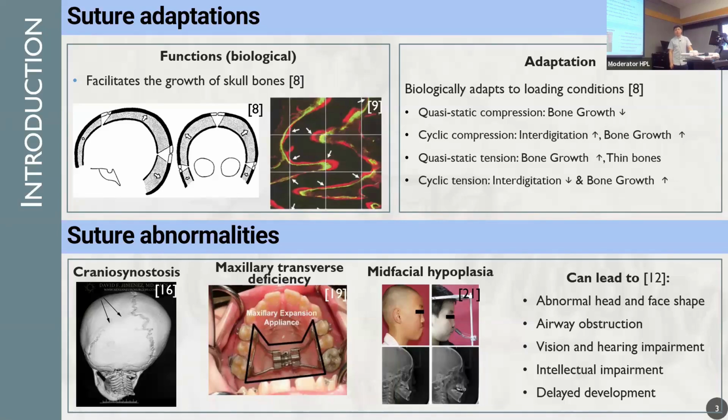And is there some intervention that exists to correct this? Looking at the adaptation in the top right corner, is it a squeeze? Do you have to squeeze the baby's head in a certain way to get things to grow properly, or are there drug interventions? What can happen there?